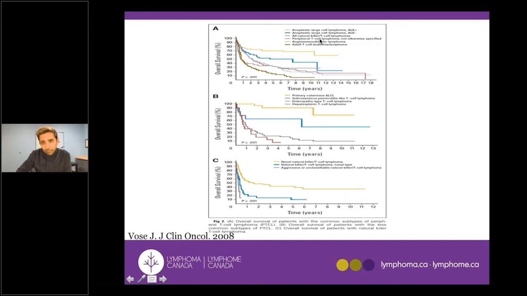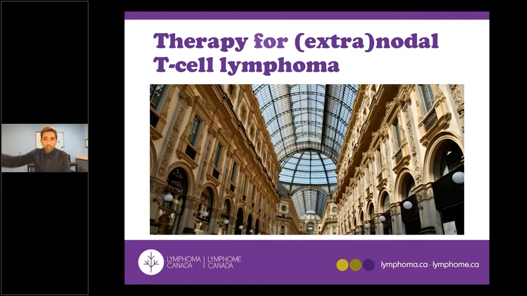The peripheral T-cell lymphoma is denoted by the red color. What this diagram is showing you is that the ALK positive ALCL has the best outcome out of all the different subtypes. So perhaps for those patients, we may not need to use other aggressive therapies like transplant, but for the other subtypes, perhaps we may need to. So prognosis is very important for me to plan treatments.